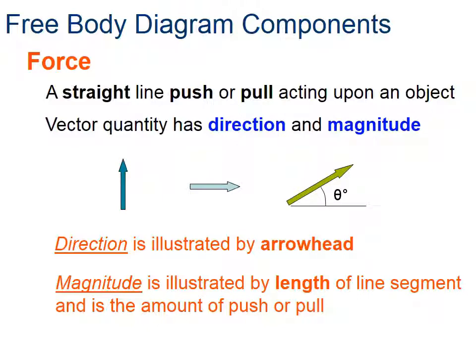So here you see green, for example, but if I were to draw a red arrow in the same direction, even though they're going the same direction, through the same angle theta, the red arrow is longer. So by looking at this, I could tell that that magnitude is greater.